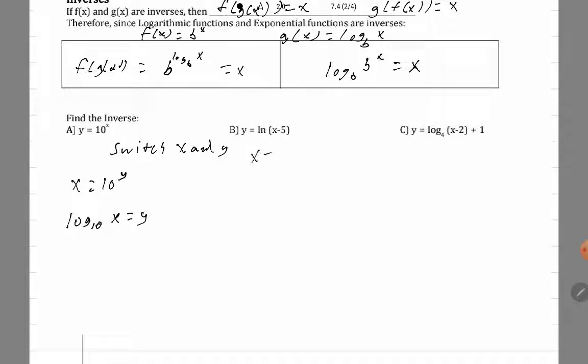Switch x and y. x equals ln of y minus 5. Okay. So the inverse of natural log is e.